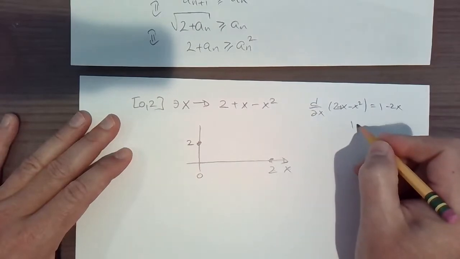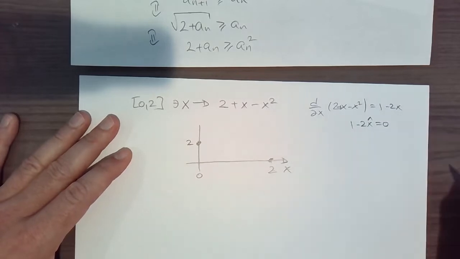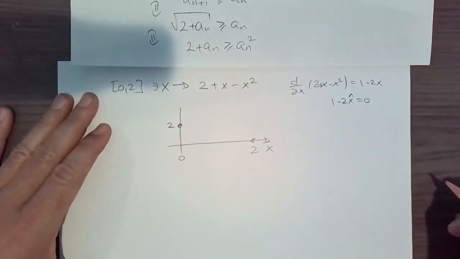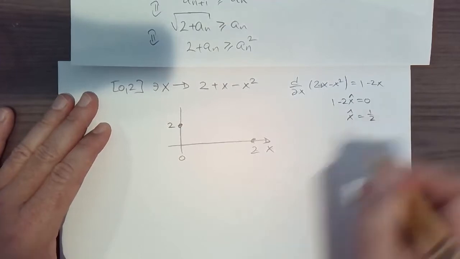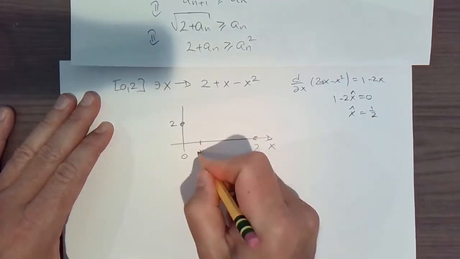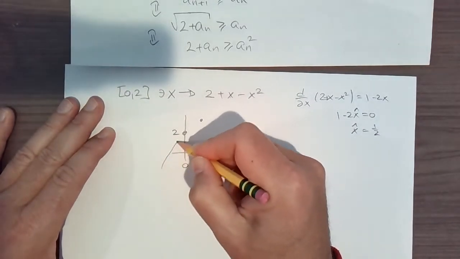I want to solve this for x hat, that's the maximizer. I'm going to get that x hat is equal to a half. So its top point sits right here.